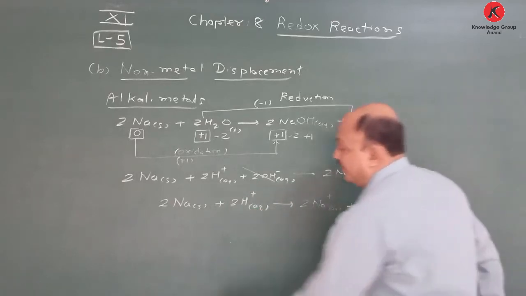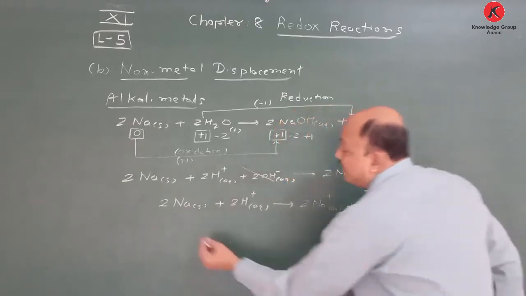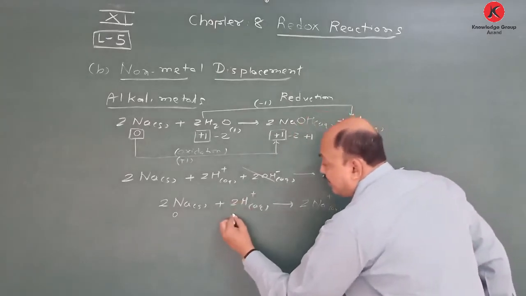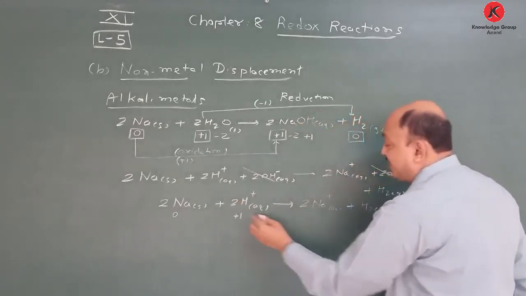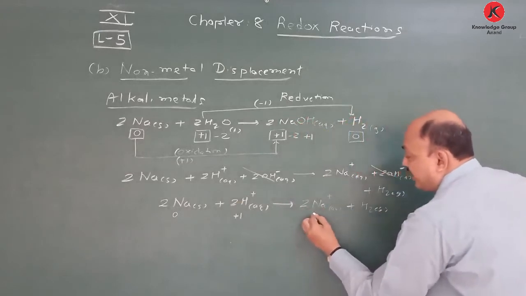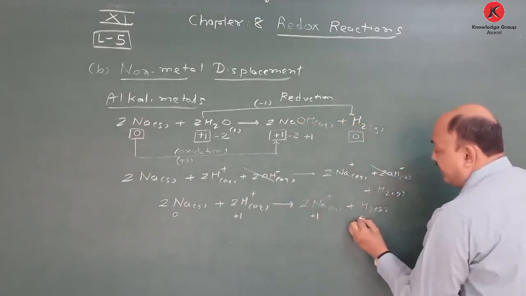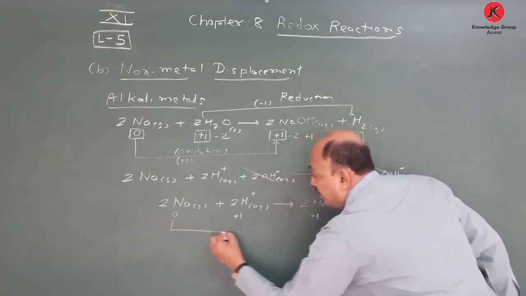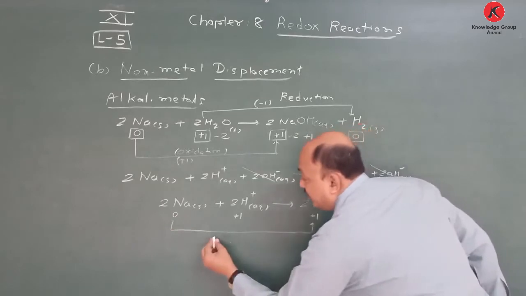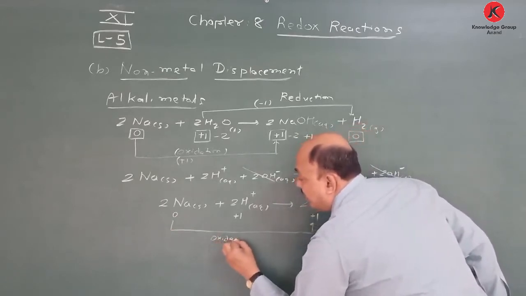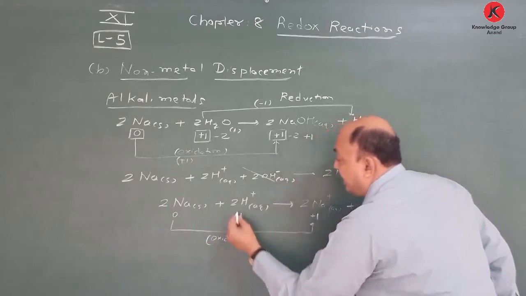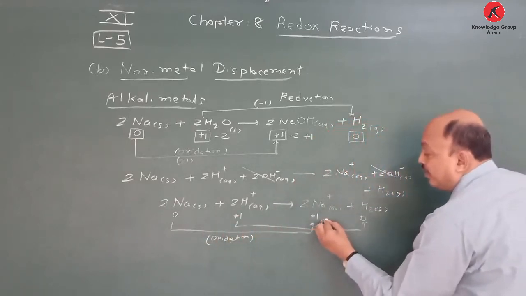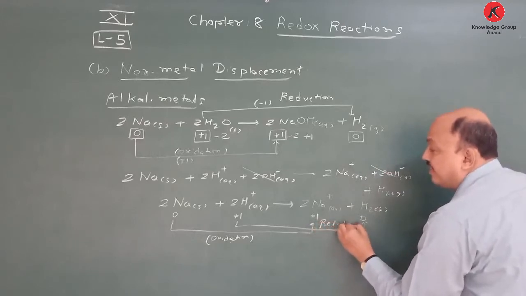This is formed. Suppose we write the oxidation numbers here. Sodium oxidation number is 0. Oxidation number of this hydrogen is plus 1. Do not consider this one. Here the oxidation number is plus 1, and here H2 free state, therefore it is 0. So 0 to plus 1 means it undergoes oxidation reaction, and plus 1 to 0 means it undergoes reduction reaction.